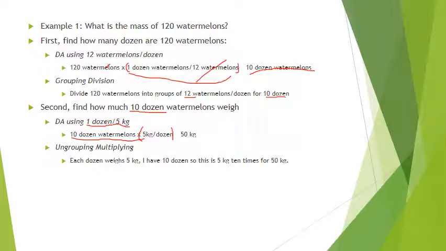You have 10 dozen, so you take 5 kilograms and multiply that 10 times for 50 kilograms. So the mass of 120 watermelons: first you found out it is 10 dozen, and then you figured that weighs 50 kilograms.